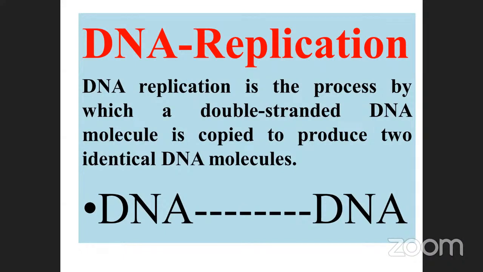So they can synthesize more DNA and more protein molecules, and then only the worm will develop very quickly, within a short period. Anyhow, just go through it for information only.